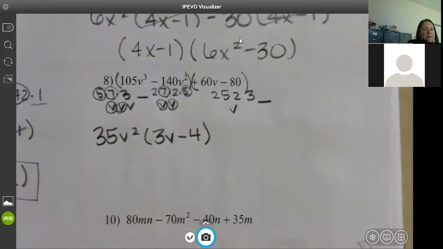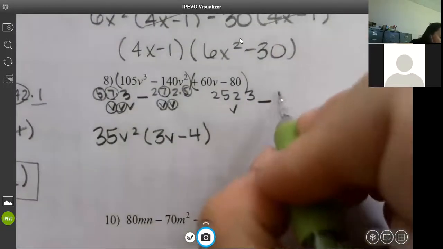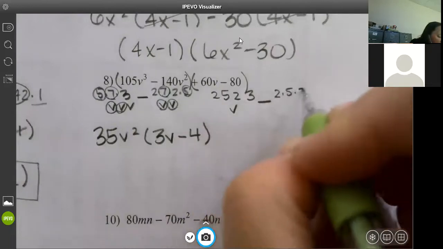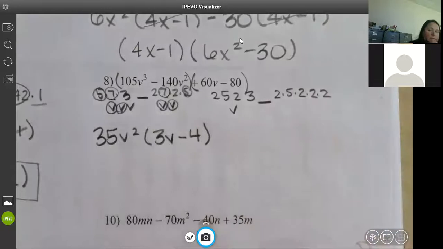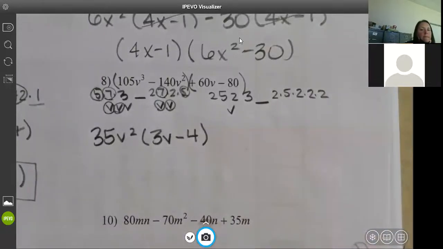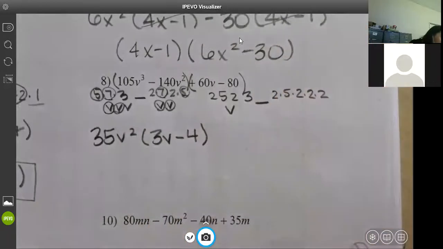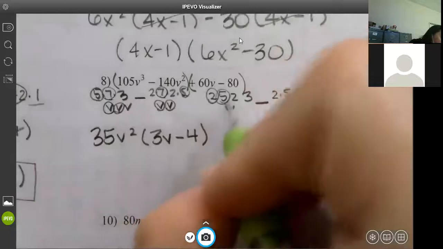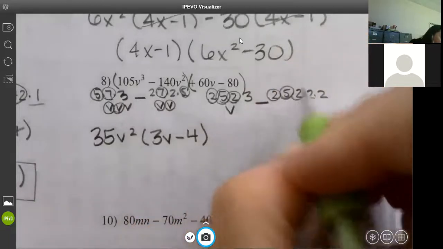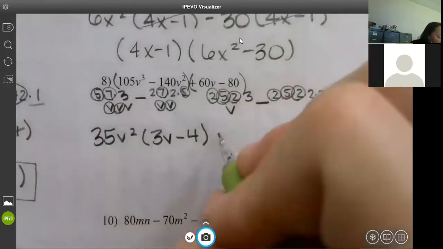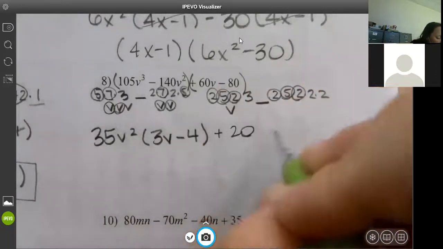We have a minus. What are your factors of 80? 10 and 8. 10 is 2 and 5. 8 is 3 2's. What do we have in common? A 2, 5, and 2. 2 times 5 is 10, times 2 is 20.